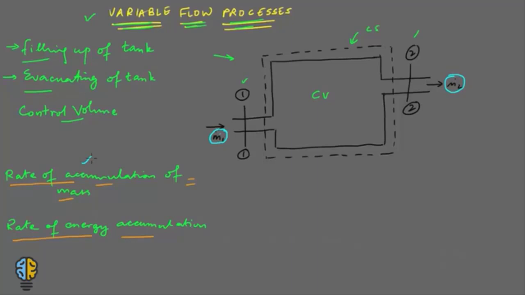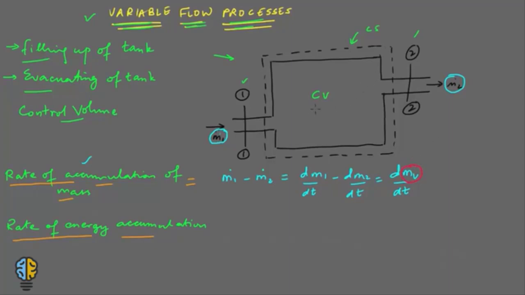So m1 dot minus m2 dot gives the rate of accumulation of mass within the control volume, which is dm1 by dt minus dm2 by dt, and this is equal to dmv by dt, where mv is the mass of fluid within the control volume at any instant.